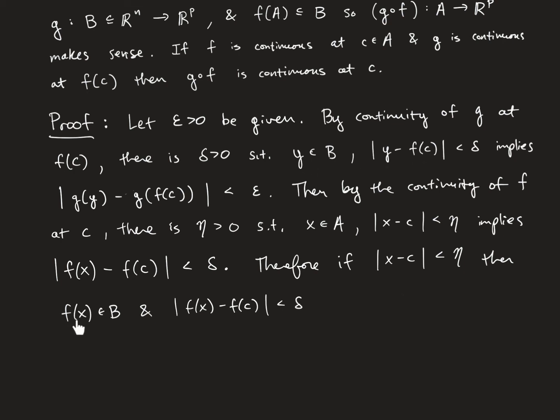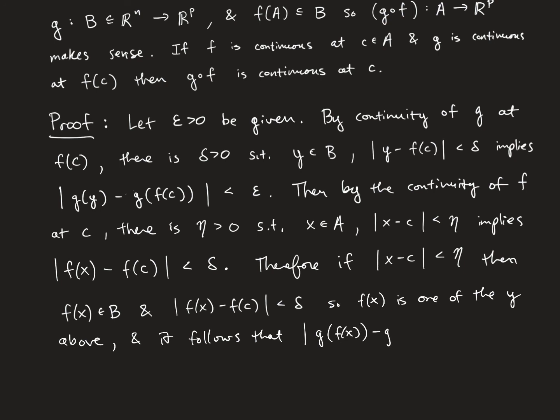So your f of x fills the role of y from above. So f of x is one of the y above, and it follows that g of f of x and g of f of c differ by less than epsilon.